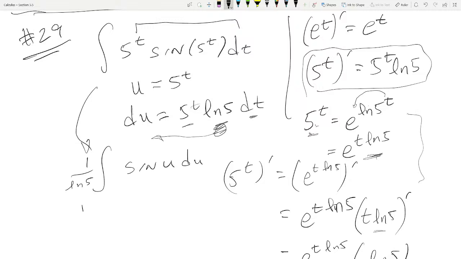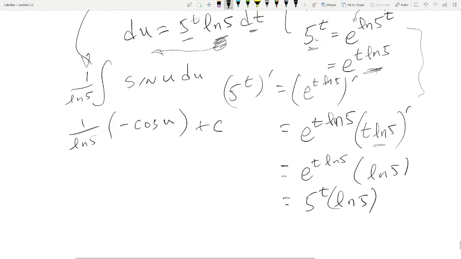Now I can integrate. I get 1 over ln 5. The antiderivative of sine u is minus cosine u. And then I can put back in what u is in terms of t. So I get 1 over ln 5 with the minus cosine of 5^t plus c.